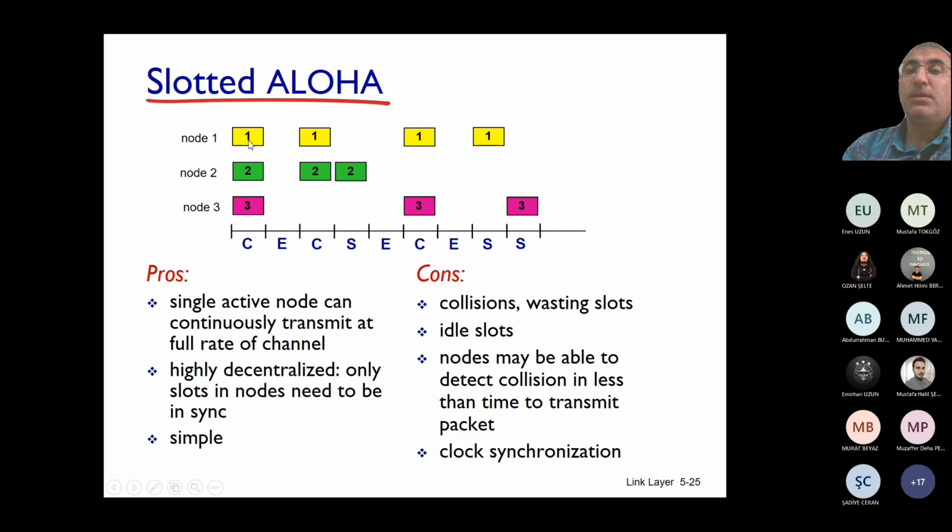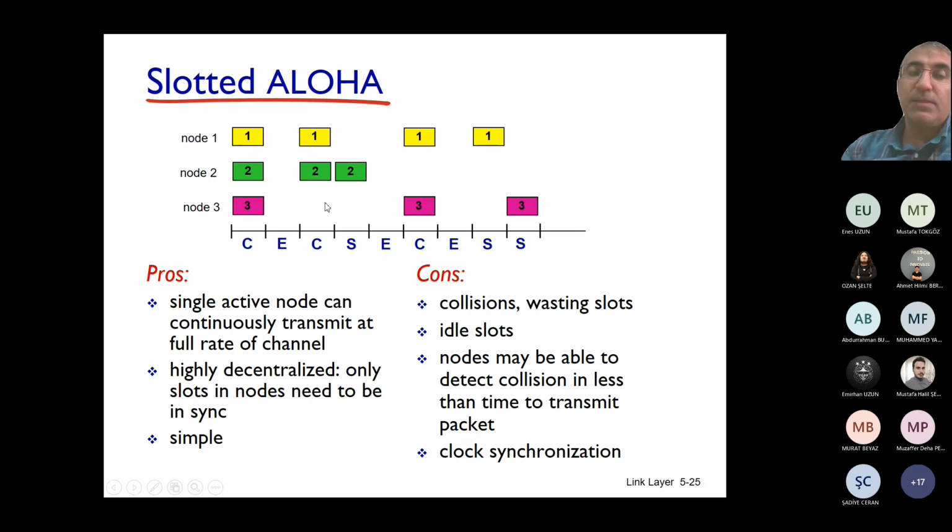So once all the nodes detect this collision, all the nodes step back and wait for a slot, as you see. And then the next slot becomes empty. No one sent any frame, so it's wasted.